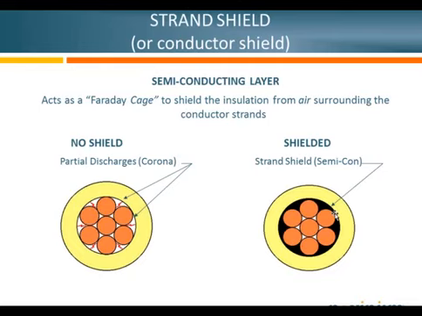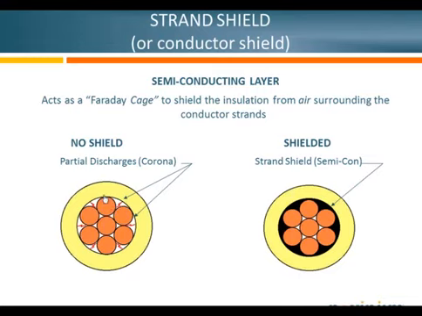Okay, so what purpose does the strand shield serve around the conductor? If you look at the picture on the left, where you have your conductor, your round strands do not mesh all together, as you can see, and so you have pockets of air between them and on the outside.